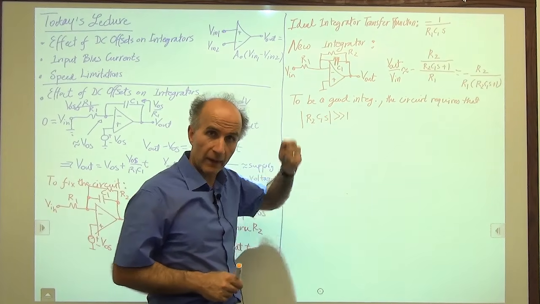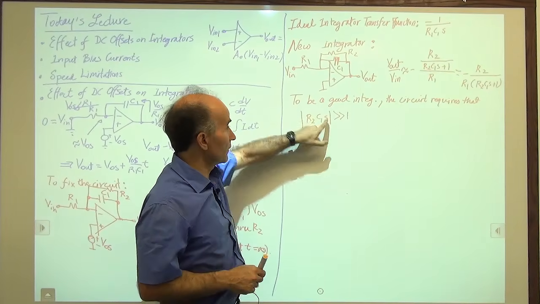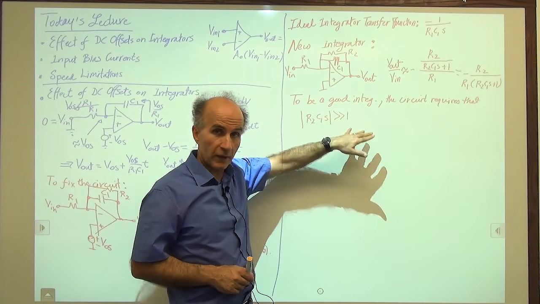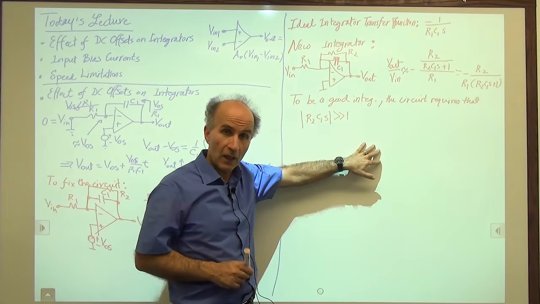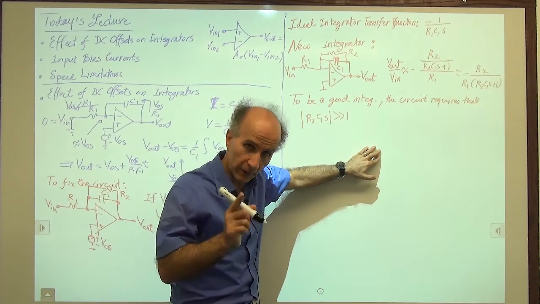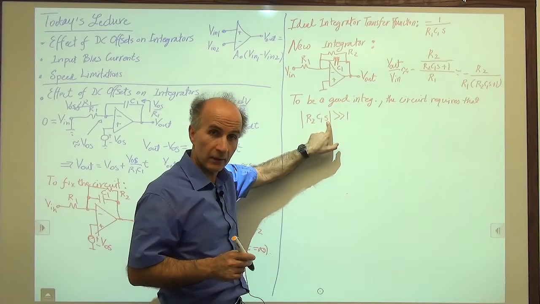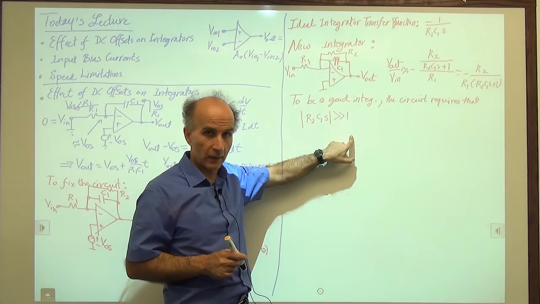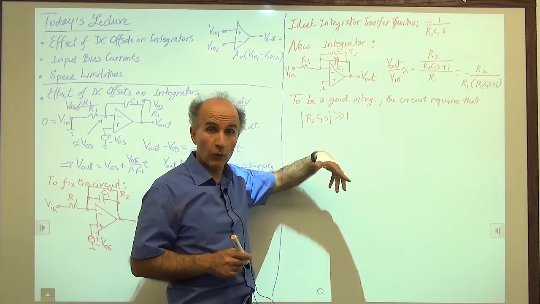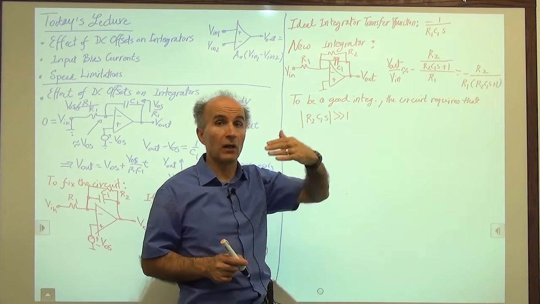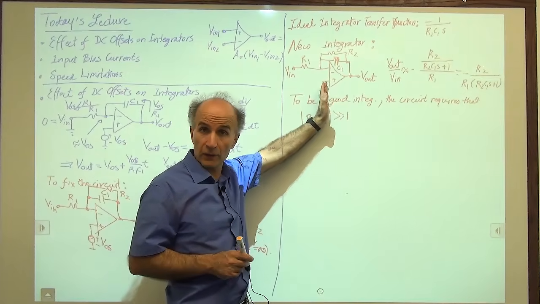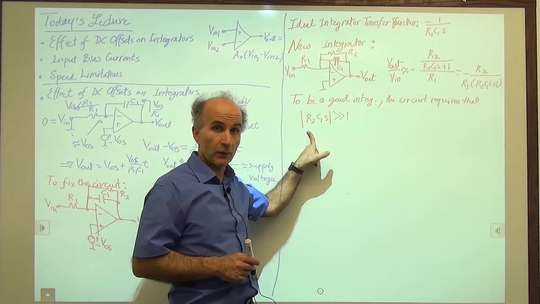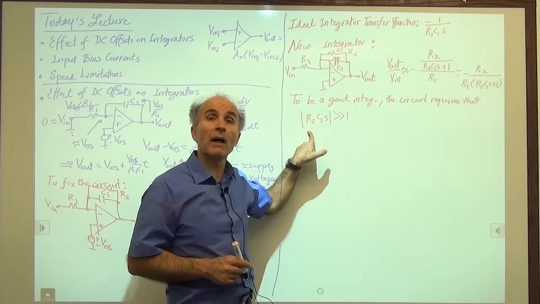So if I apply a sinusoid at the input, then S would be j omega. So in other words, this circuit is a good integrator so long as the frequency of the input, omega, times C1 times R2 is much greater than 1. So for frequencies that are sufficiently large, the circuit is a good integrator because it satisfies this condition. But if the frequencies are very low, it's not a good integrator.